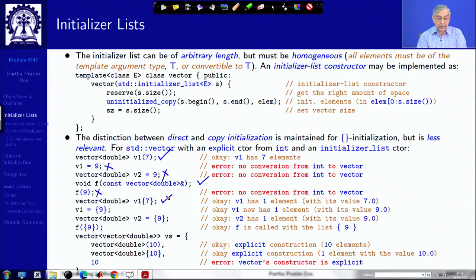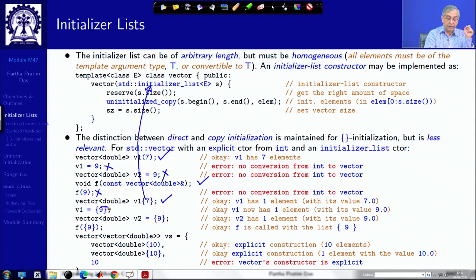What it does is an initializer list of length 1 having the value 7. So, this will invoke the initializer list constructor and create a vector having the value 7.